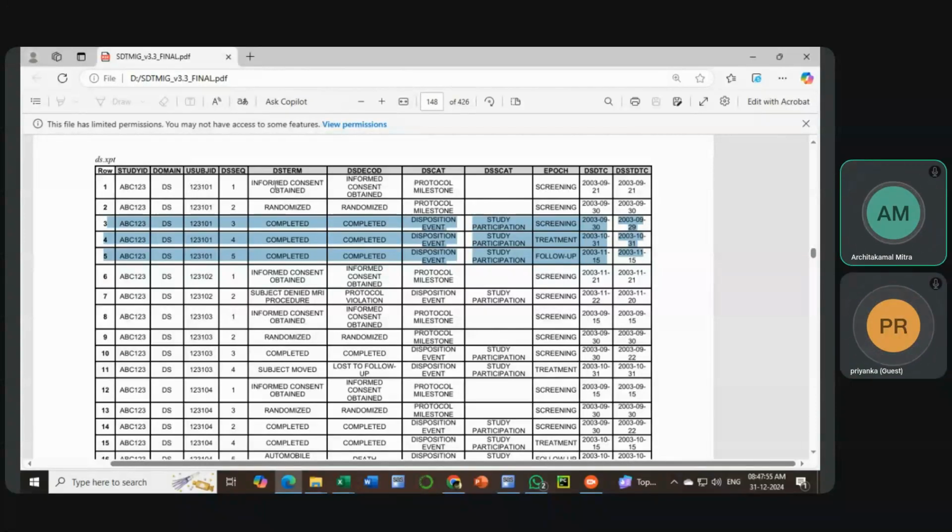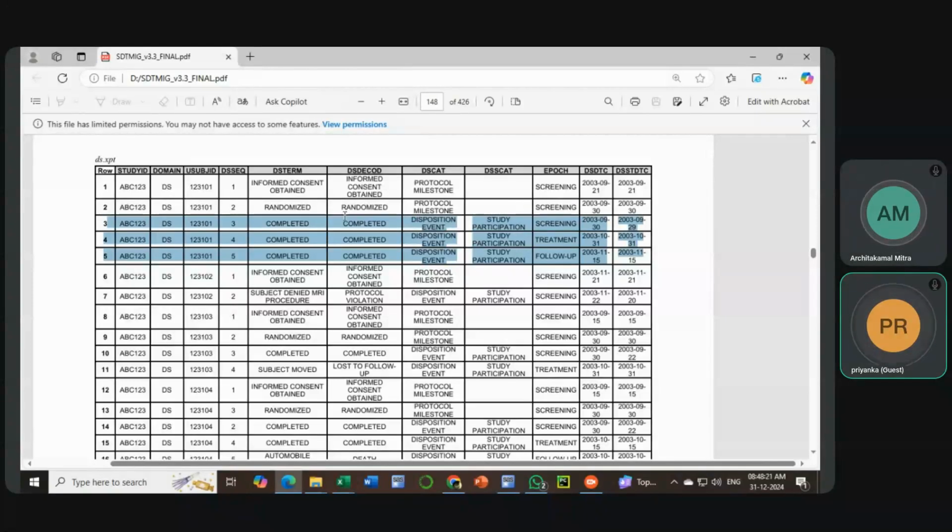During the protocol milestone, informed consent was obtained. There is no category here, and the epoch is screening. Second is the randomization, which is also screening because it is during the protocol milestone where people are randomized.